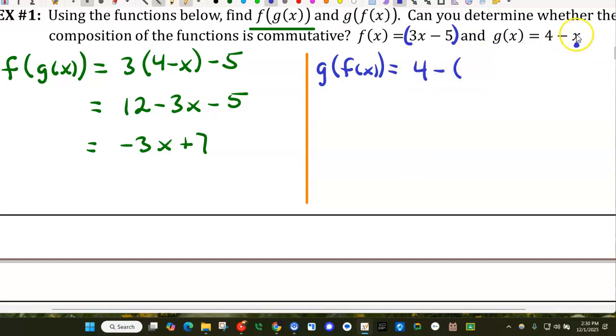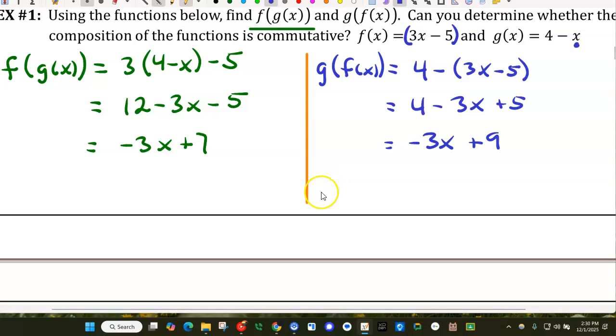This time, this x is replaced by 3x minus 5. And once again, simplify as much as possible. And we have negative 3x plus 9.